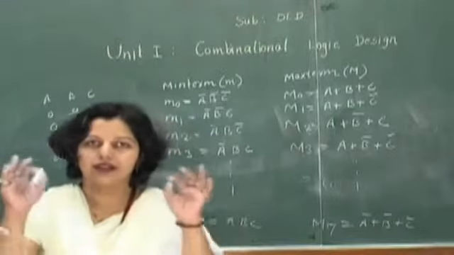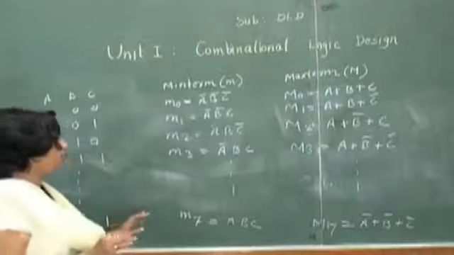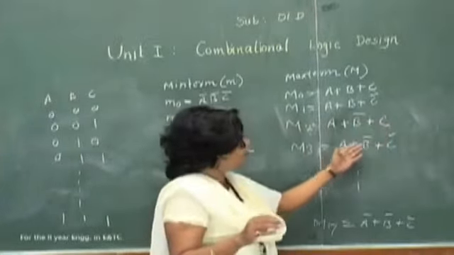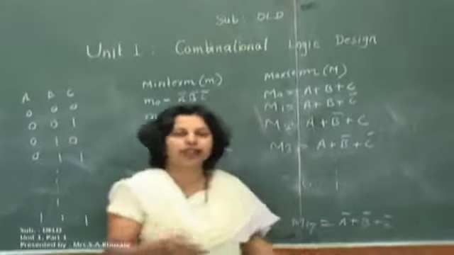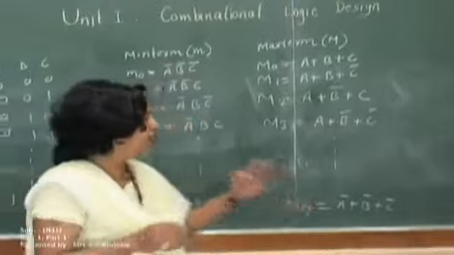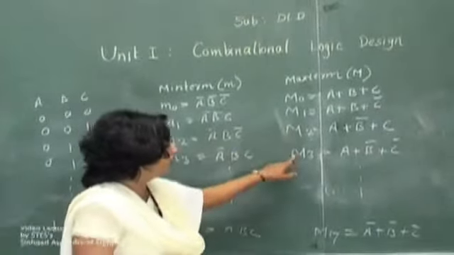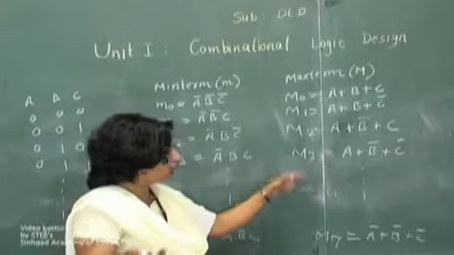Just for simplification purposes. Suppose I want to write an example like A plus B bar plus C, into A plus B bar plus C, into A bar plus B bar plus C bar. Instead of writing such a long equation, what could be written? I can directly write the max term, which is nothing but M2, M3, M7, or it will be directly written as 2, 3, 7.